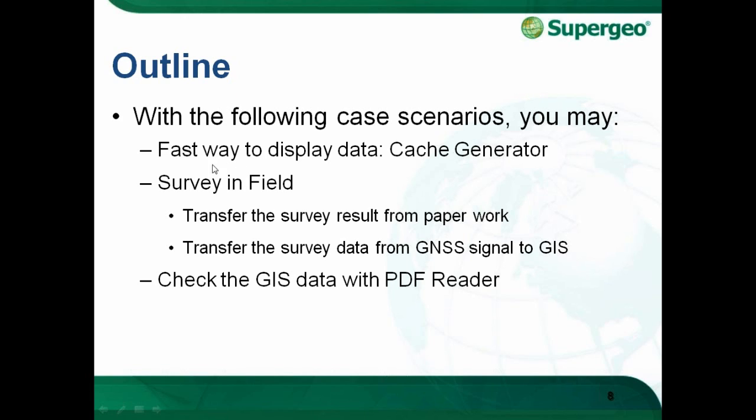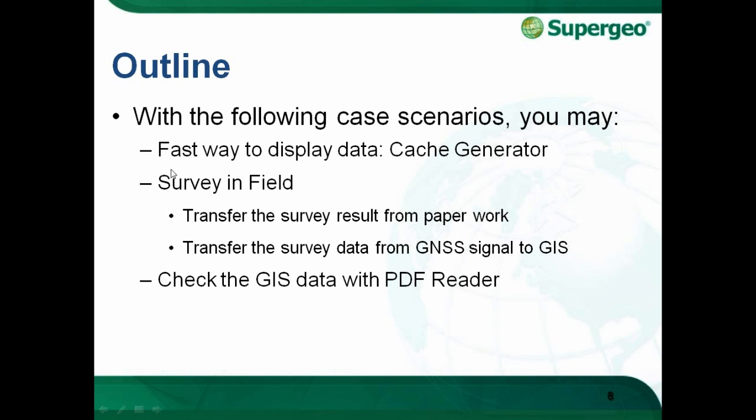And the second scenario is if you are doing survey work in the field. After that, you might need to transfer the survey result, maybe from paperwork, to GIS data. Or you might need to transfer your survey data, maybe from GNSS signal, and then you need to convert it to GIS data and do some editing.